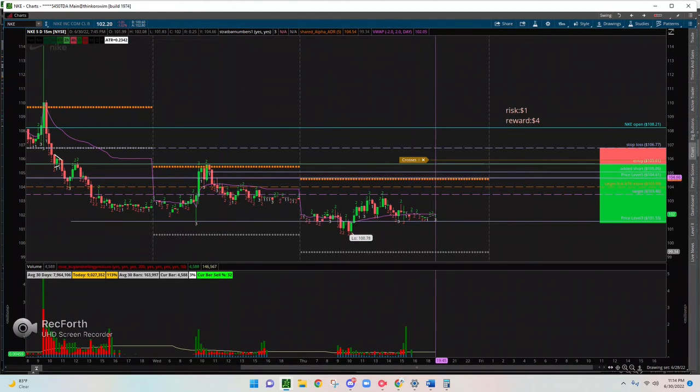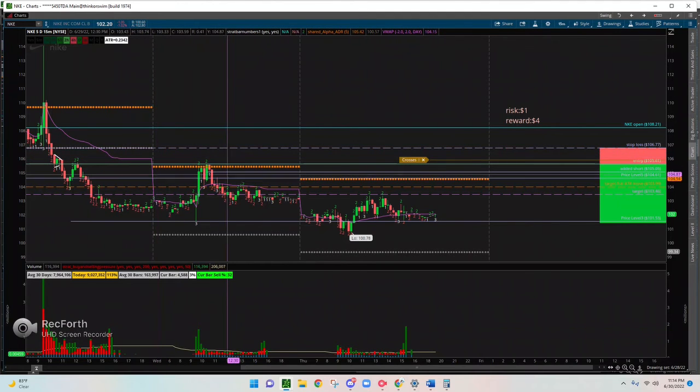I actually took a second entry around here because I was adding short, averaging up on my puts but bringing down my entry. I was down a decent amount of money, maybe $200-300. But I didn't panic because I saw that we had created supply here and we weren't really breaking above, and I would have looked to take size off if we were above that.